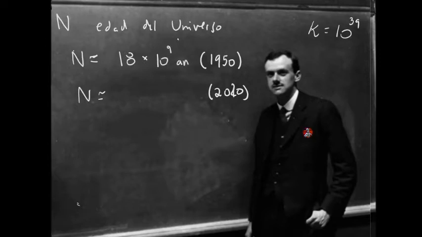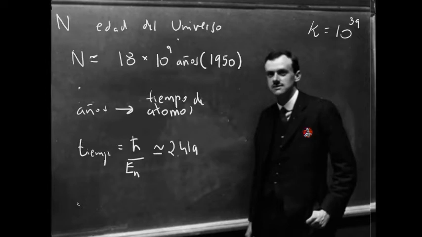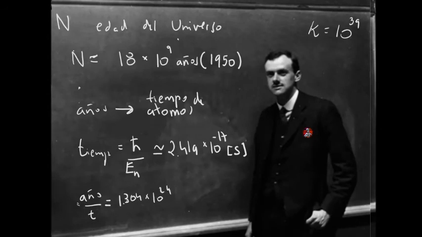Now you might use some atomic unit of time instead of years. Years is quite artificial, depending on our solar system. Take an atomic unit of time, express the age of the universe in this atomic unit. You again get a number about 10 to the 39. Roughly the same as the previous number.